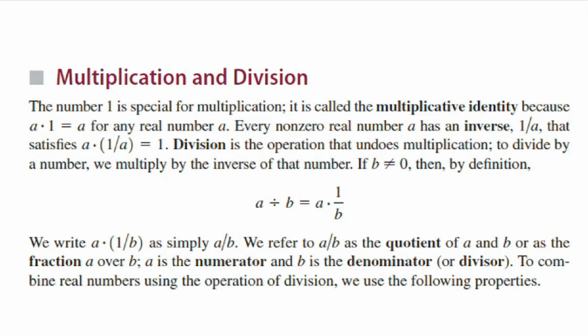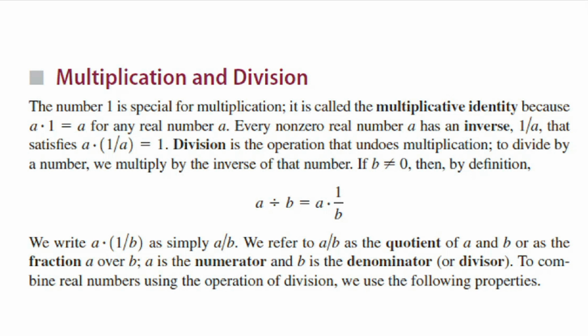Every non-zero real number a has an inverse, 1 over a, that satisfies a times 1 over a equals 1. Division is the operation that undoes multiplication. So to divide by a number, we multiply by the inverse of that number.